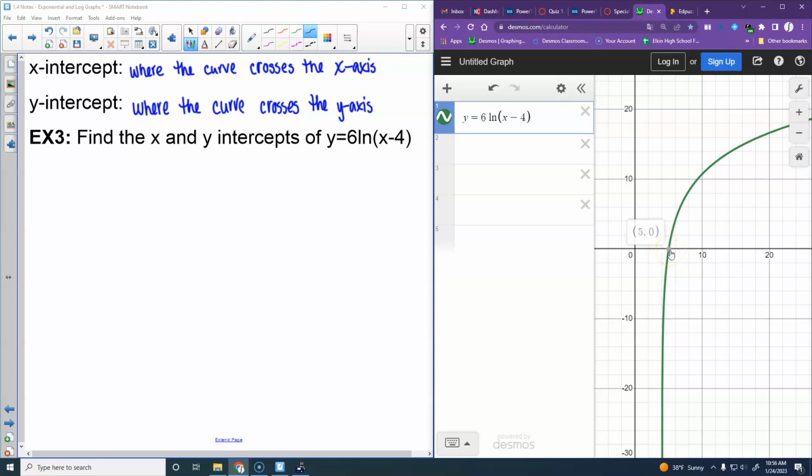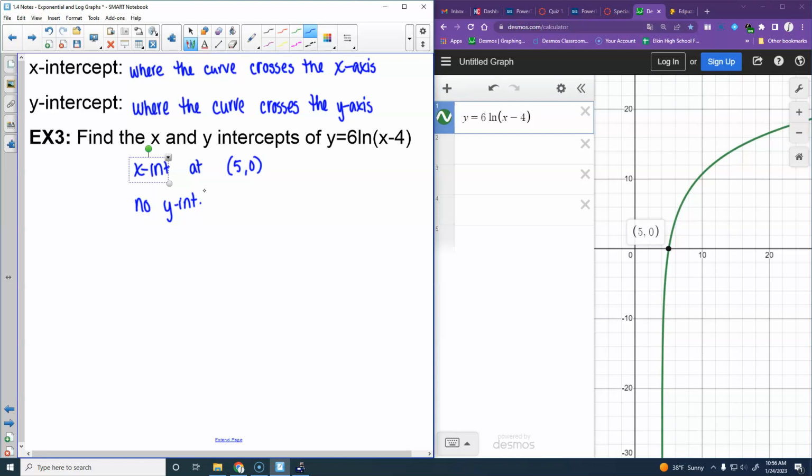It has an x-intercept here. So we would say that we have an x-intercept at (5, 0) and no y-intercept.